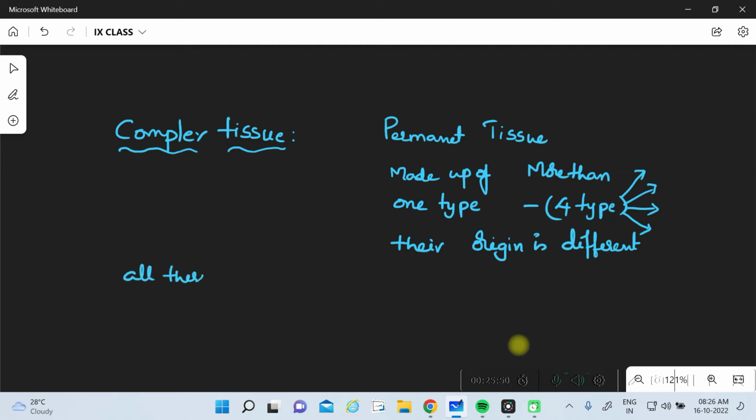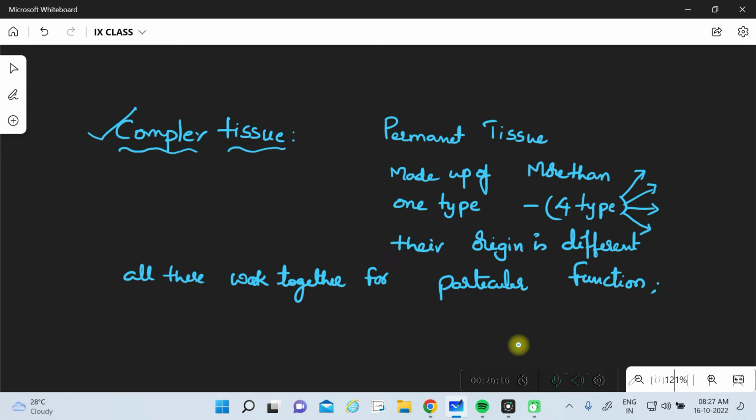All these work together for a particular function. That's why we call it a complex tissue.